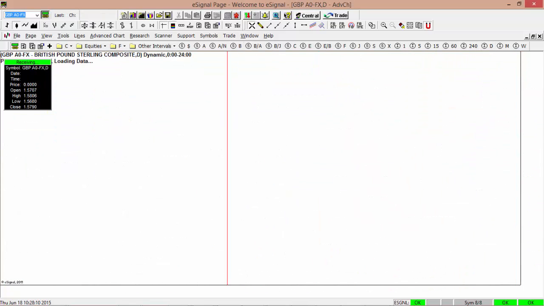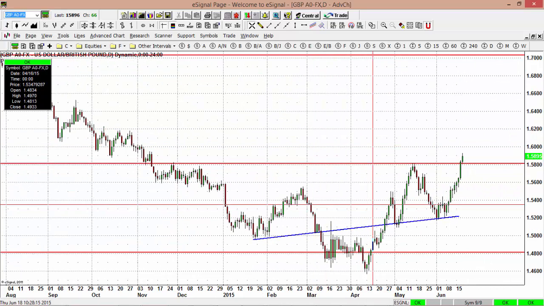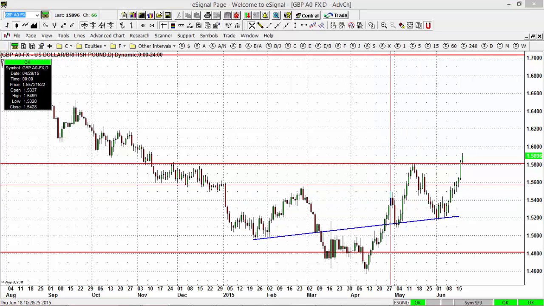Taking a look at the British pound versus the US dollar, we continue to rally, and we said that for our members we were long this market, and this market continues to make gains for us. Yesterday, after the announcement, the market took out the all-important level near 158. This area of resistance was taken out, and as you can see with this head and shoulders pattern, the market is currently breaking out of this neckline resistance.